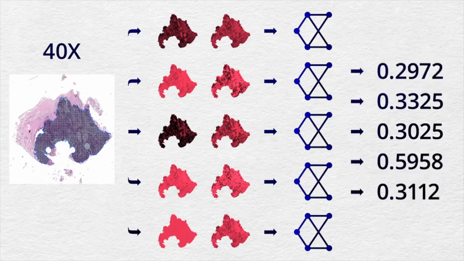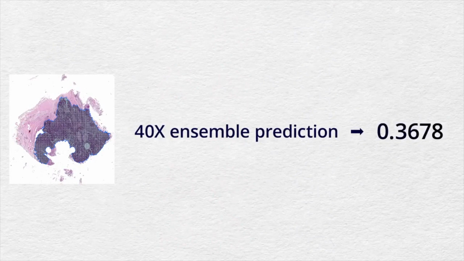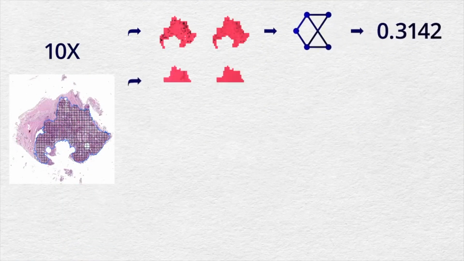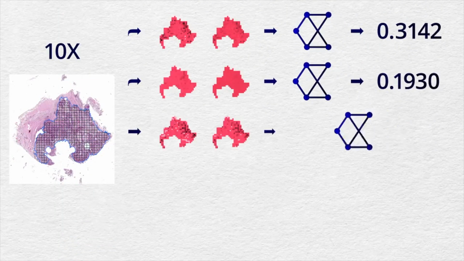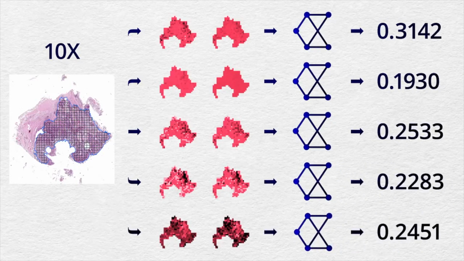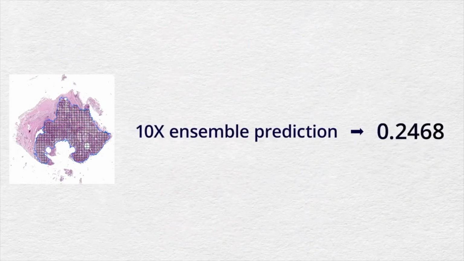The 5 40x predictions are averaged, and the result is a new predicted probability of poor prognosis, which is termed the 40x ensemble model prediction. To calculate the ensemble prediction for 10x, we retile the delineated area at 10x magnification and repeat the process with 5 different models. This is the final ensemble prediction for 10x resolution.